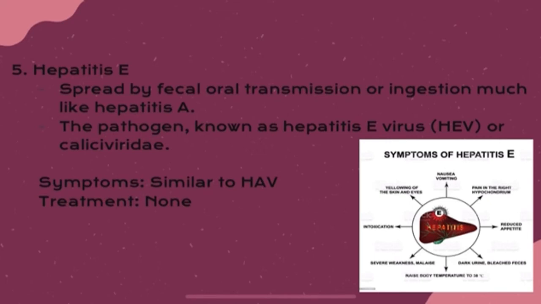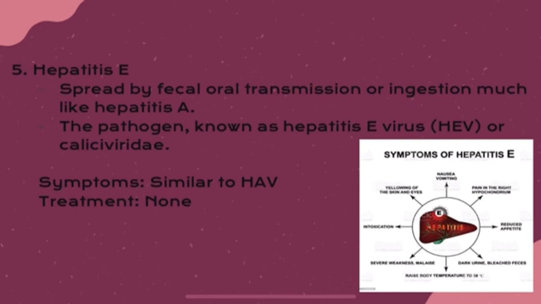Hepatitis E is spread by fecal-oral transmission or ingestion, much like hepatitis A, which it clinically resembles. The pathogen is known as hepatitis E virus, or Caliciviridae. It can cause the liver to swell up.